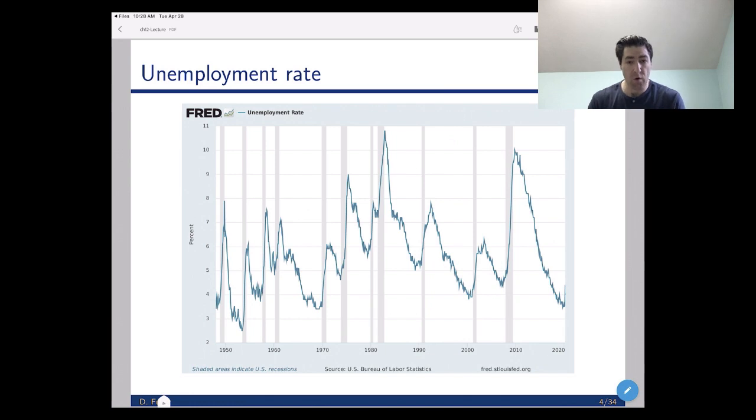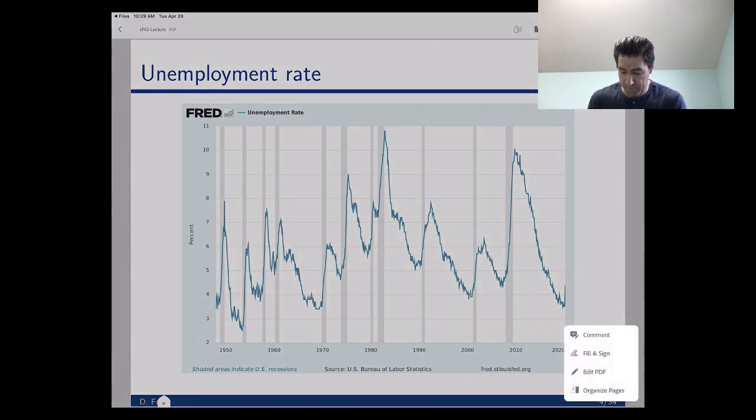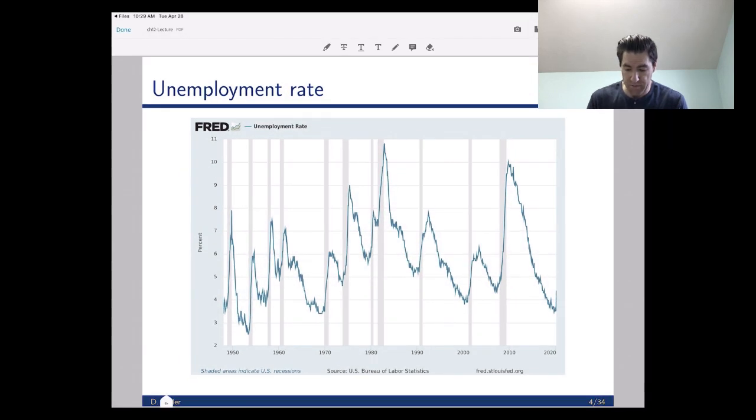All right, so just to introduce the topic, this is a graph of the unemployment rate over time, at least since roughly 1945. What you see, obviously, is that there have been lots of ups and downs in the unemployment rate over time. You've got all sorts of various recessions, which we'll define a little bit more specifically.